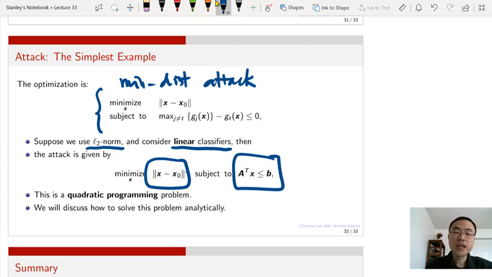So what we are going to do in the next lecture is to look at this quadratic optimization problem, and derive some closed form expressions of the solution. After that, you'll be able to see there's an extremely simple geometry that can describe everything using the tools that we have learned so far. And then we're going to generalize this idea to deep neural network types of attacks.